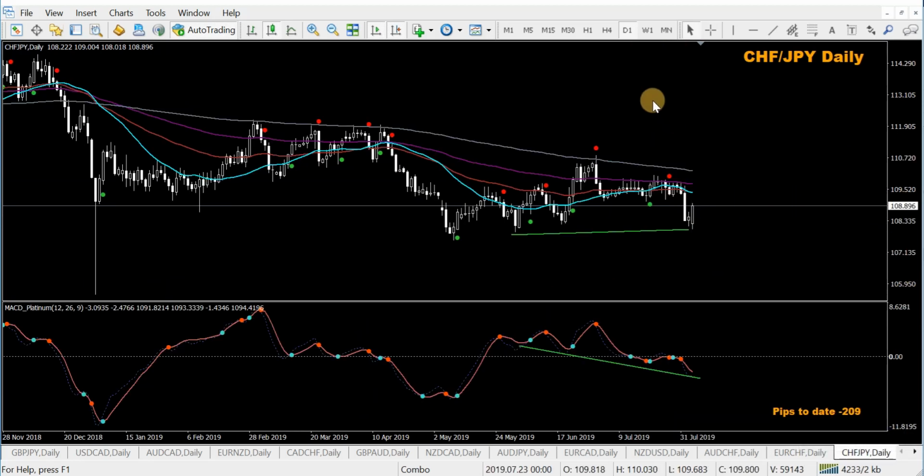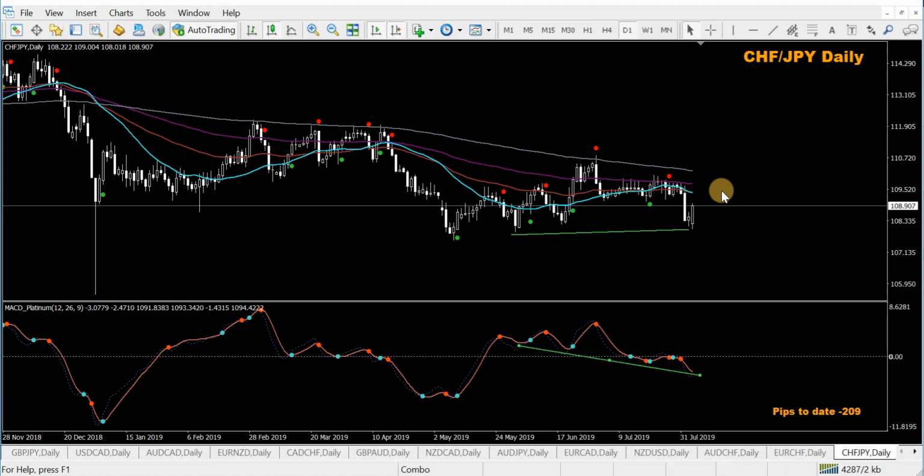All right, Swiss yen, Swiss franc, Japanese yen. This is one pair. It's caused me a bit of grief. You can see my pips to date, minus 209, and that's all just from the Mod MACD method. So I've basically removed the Mod MACD. It's a slow moving pair. I've removed it. It's too much sideways chop for my liking, and I'm just going to concentrate on a high probability on this pair.